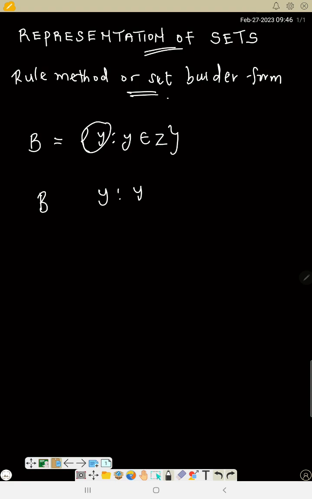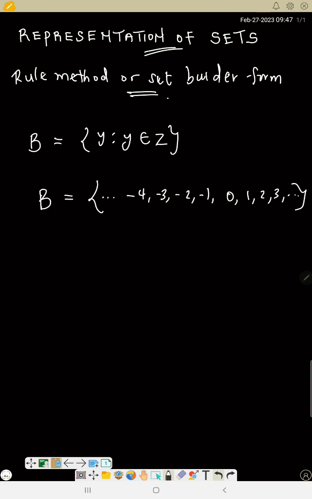An integer can be a negative natural number, 0, or a positive natural number.